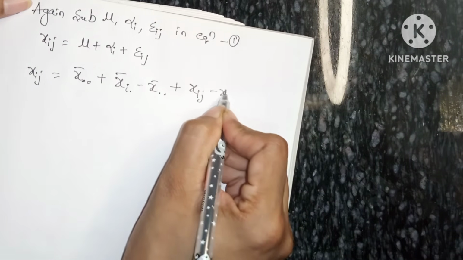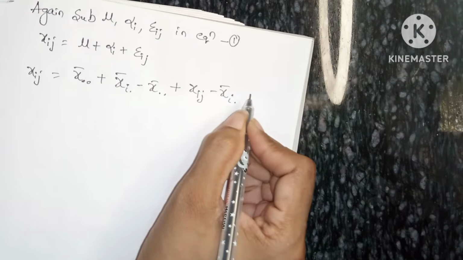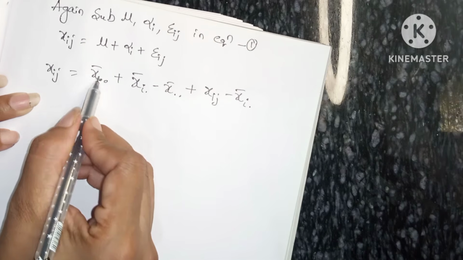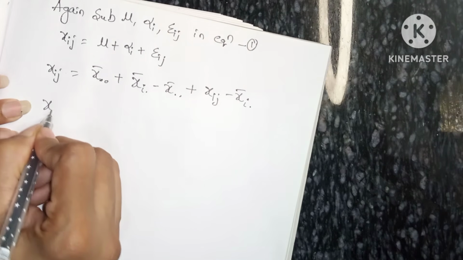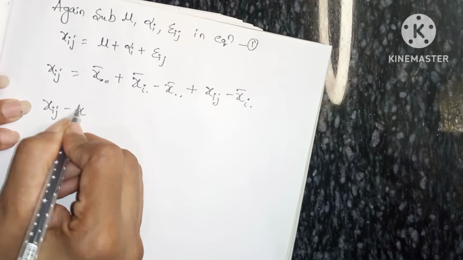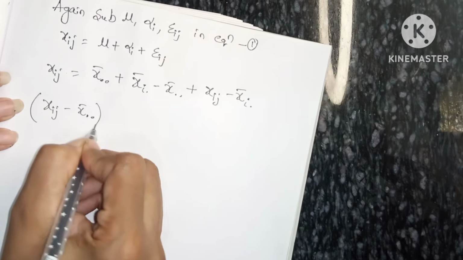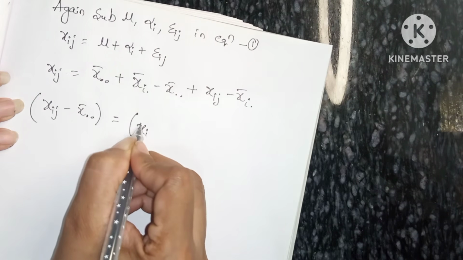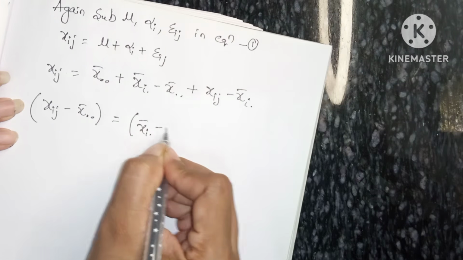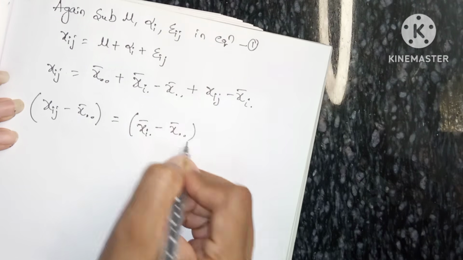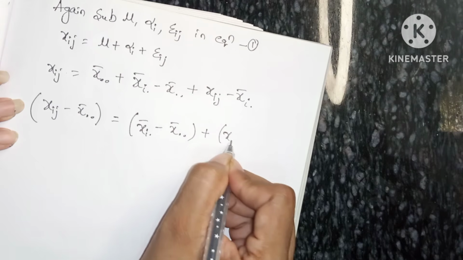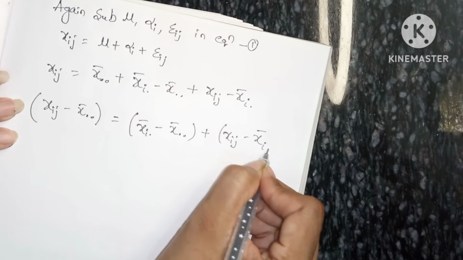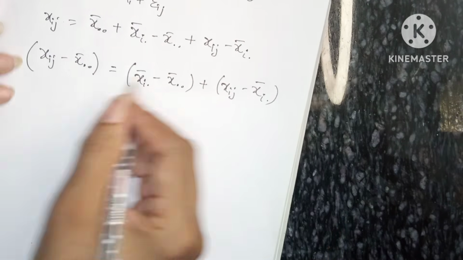Okay. So finally we bring this term to this side. So xij minus x bar double dot equals to x bar i dot minus x bar double dot plus xij minus x bar i dot.